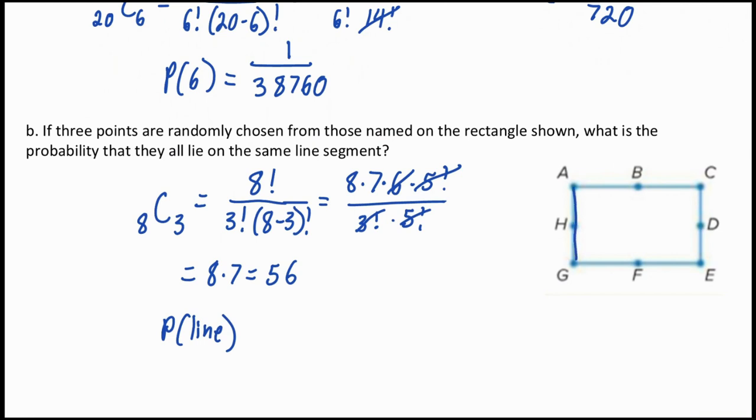So there's one option. They could be on this line. That's 2 options. They could all be on this line. That's 3. And they could all be on this line. That's 4. Does that make sense? So really, it's 4 out of 56. And that does reduce. Does anybody know what that reduces to? 1 over 14. So that would be our probability.